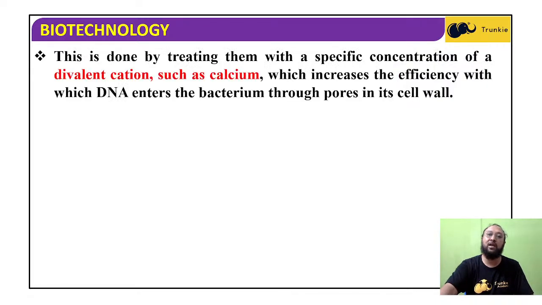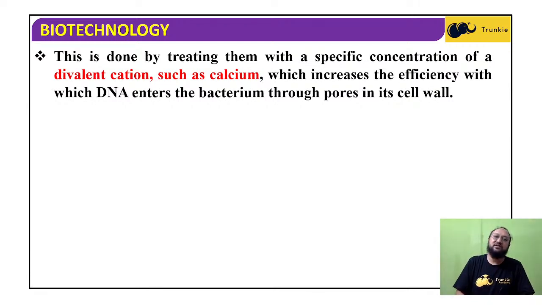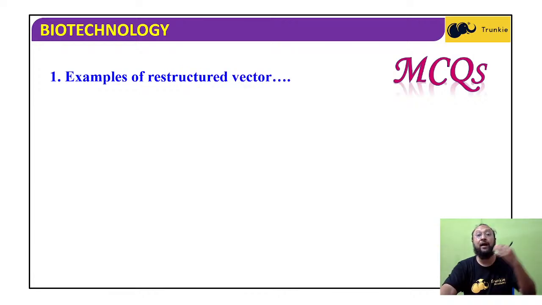There are some pores in the cell wall that help. So when treated with a specific concentration of calcium ion, it facilitates the entry of the DNA through the pores present in the cell wall of the bacteria. That is how DNA makes its entry into the bacterial cell.